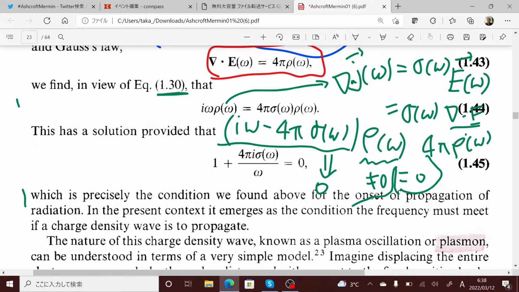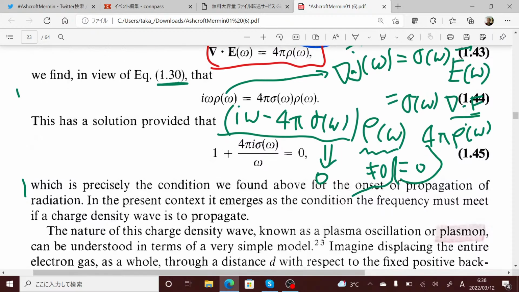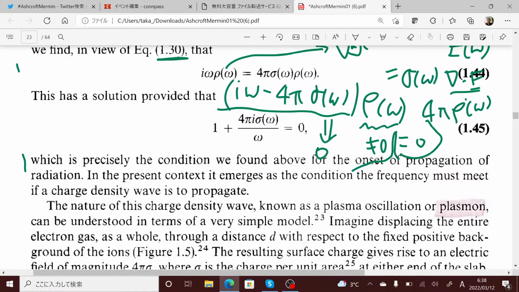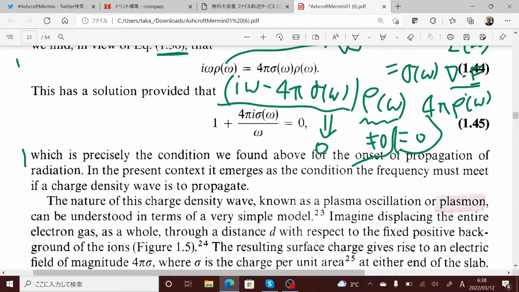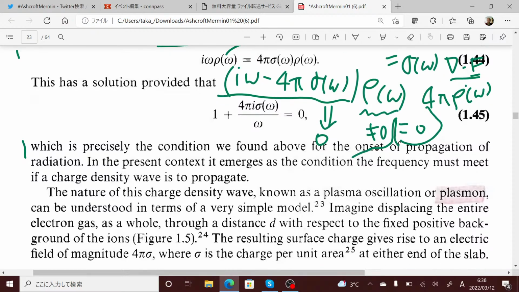Which is precisely the condition we found for the concept of propagation of radiation.